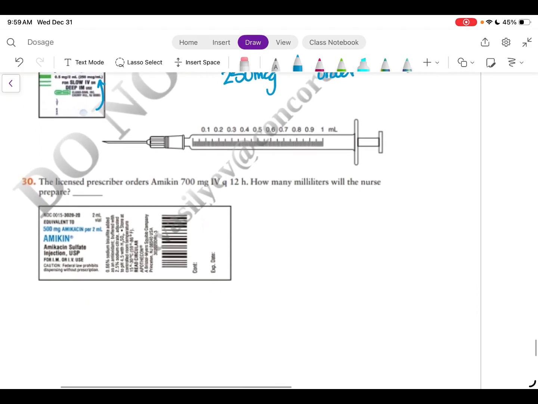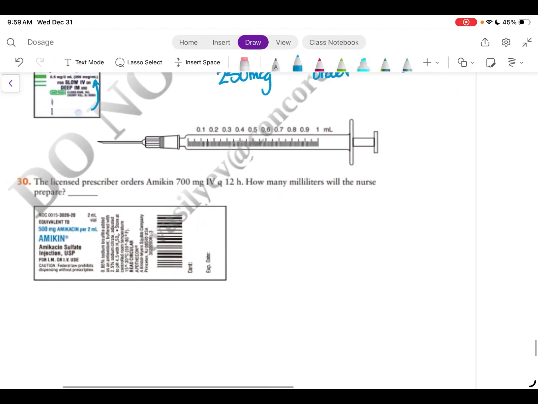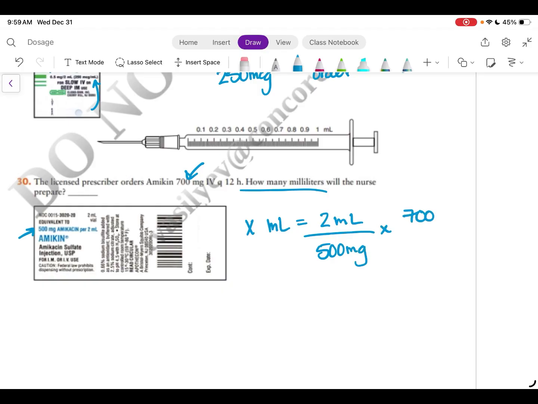And then last but not least, we're going back to the Amikin. Let's see, now we have an order for 700, right? Again, how many milliliters are we going to give? So XML. This right here in the blue is telling me there's 500 in 2, so I'm going to write 2 milliliters, 500, and we multiply by my order.